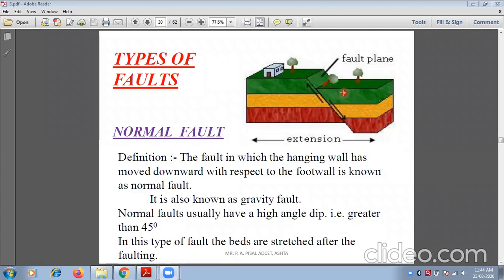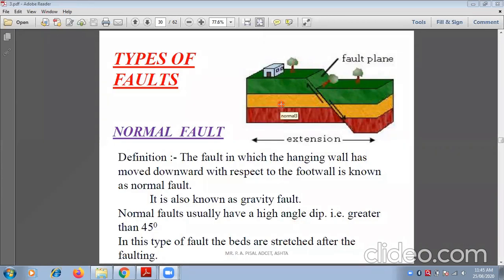Bed means it is the layers present in the rocks. Those layers are considered as a bed, or it is also known as a strata. Okay, different terms are used for those layers, bed, strata, etc. So after the faulting, these layers are stretched in the normal fault.